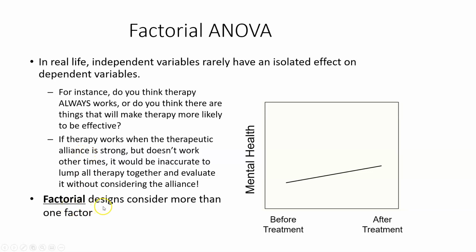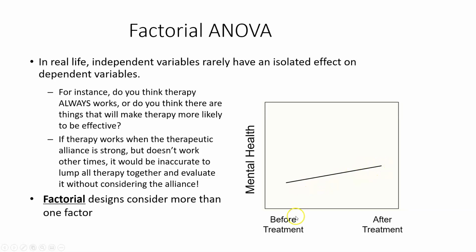A factorial design allows us to consider more than one factor. Remember, I taught you in the last module that the word factor with an IAL at the end means more than one factor. So in a situation where we're investigating people's mental health before and after treatment, we might collect 100 participants and measure them before treatment and after treatment, and their mental health might have improved to some degree.